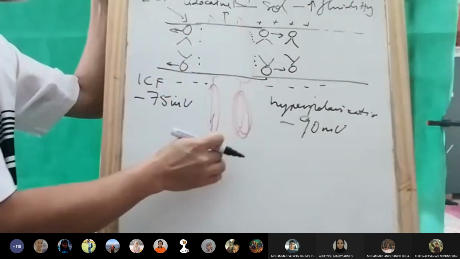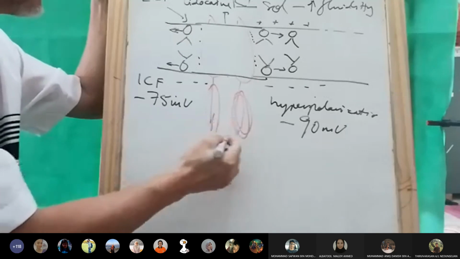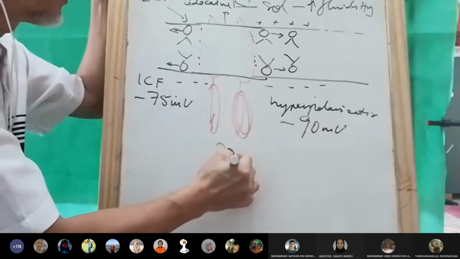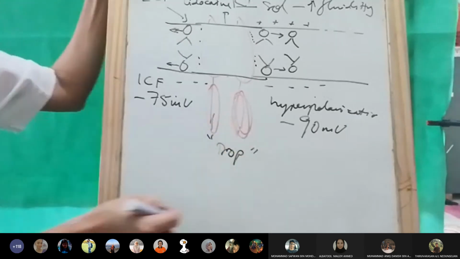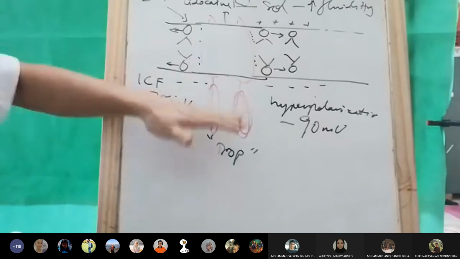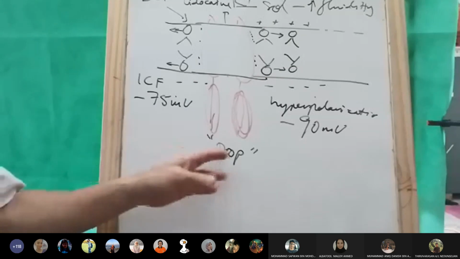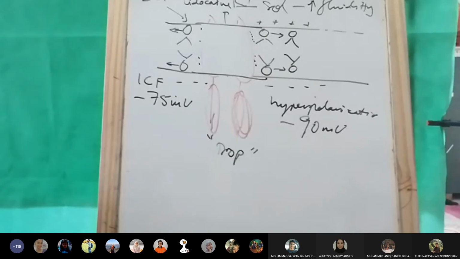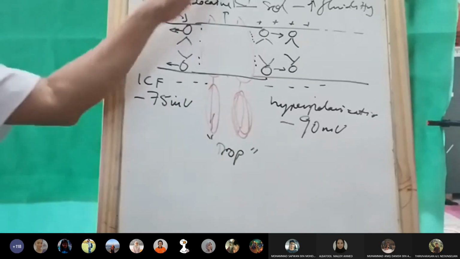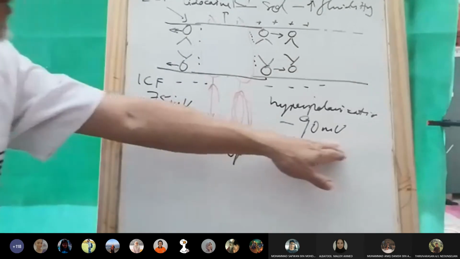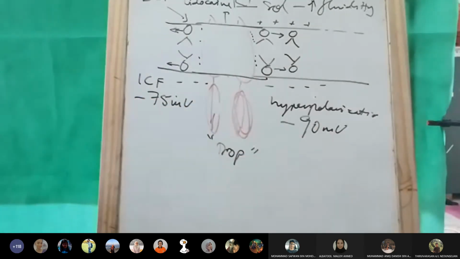So this protein drops inside the cell. It's not present on the cell membrane, and this doesn't allow potassium to leak out. This protein is usually the leakage channel for potassium, so it prevents that. Now the cell starts to hyperpolarize.